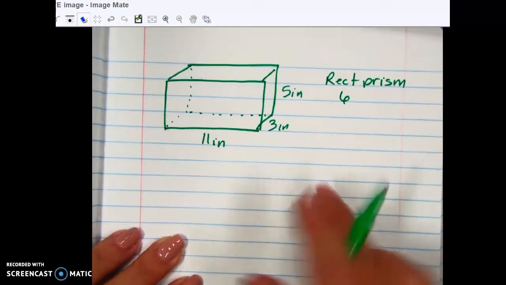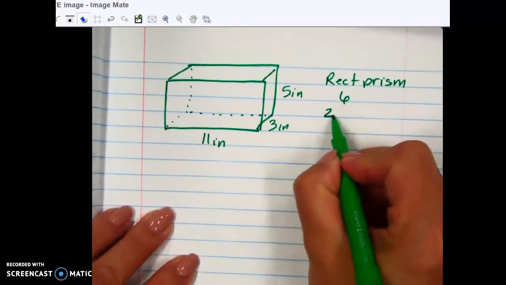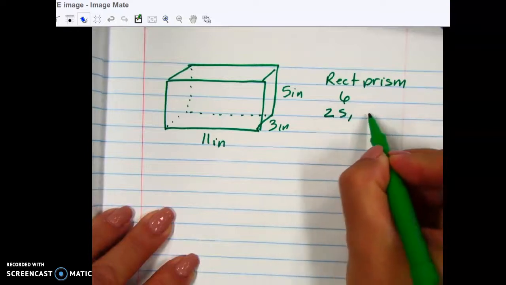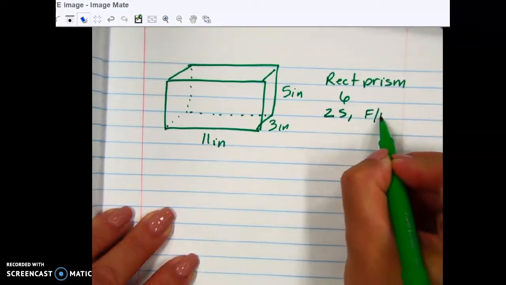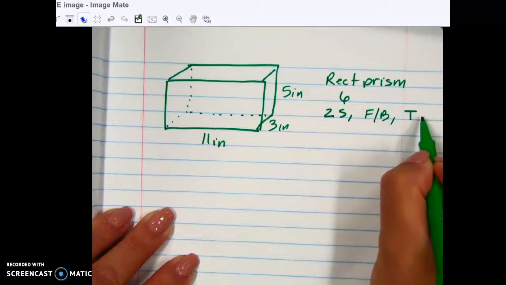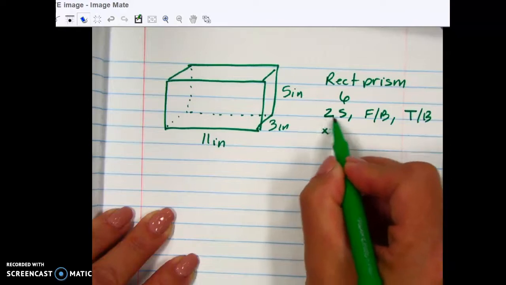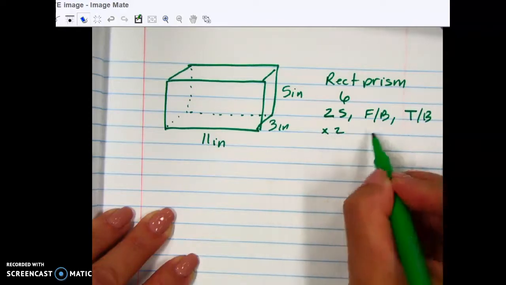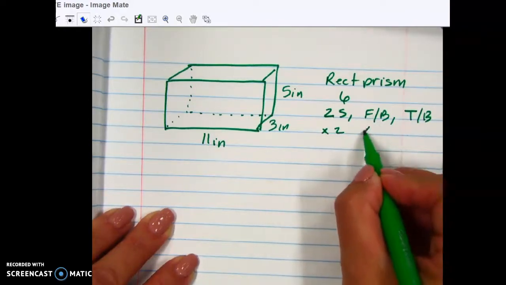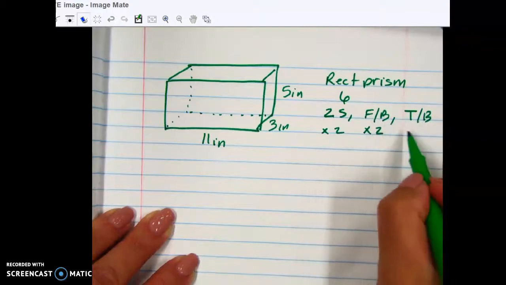I also know that there are 2 sides, front and back, and a top and bottom. This means that when I find the area of one side, I multiply it by 2. If I find the area of the front, I multiply it by 2 because the back will be the same.